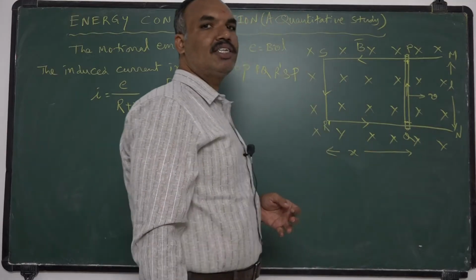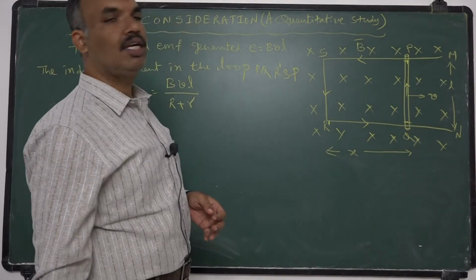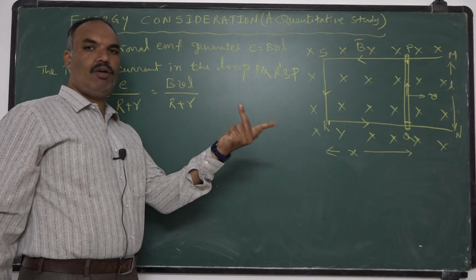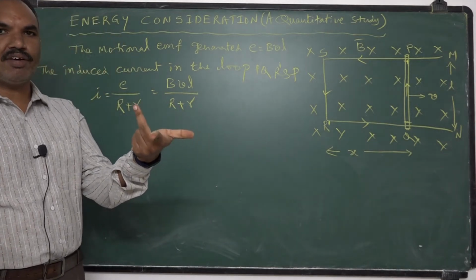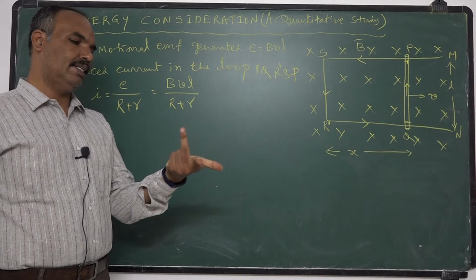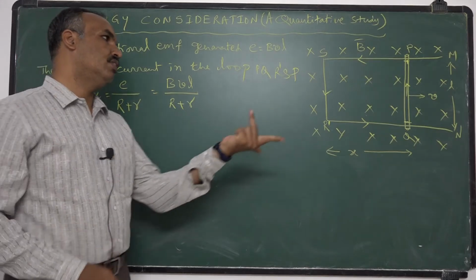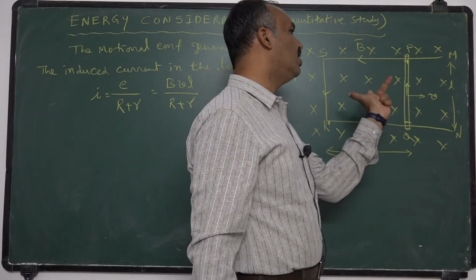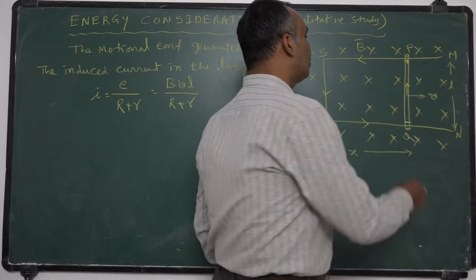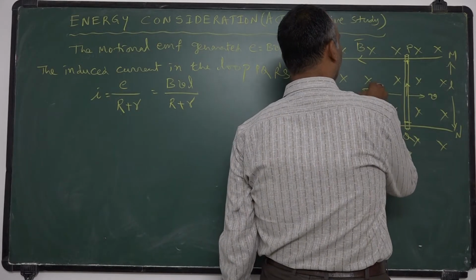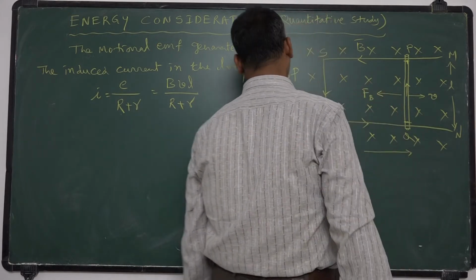It experiences some magnetic force given by Fleming's left hand rule. If you stretch the three fingers of your left hand such that current, field, force, so current is going upwards, field is into the paper, so it experiences a force due to the magnetic field, FB, in this direction.